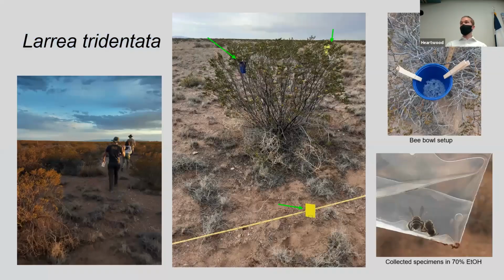So one way that we're trying to look at this is by looking at pollinators. So we went out to a desert in New Mexico and we set up a bunch of traps, like these yellow sticky traps and blue bee bowls all the way on the right. We walked 500-meter transects. We counted plants, we measured density, we measured the number of flowers on each plant, as well as capturing our specimens and placing them in bags, which I'm going to be checking out next semester.